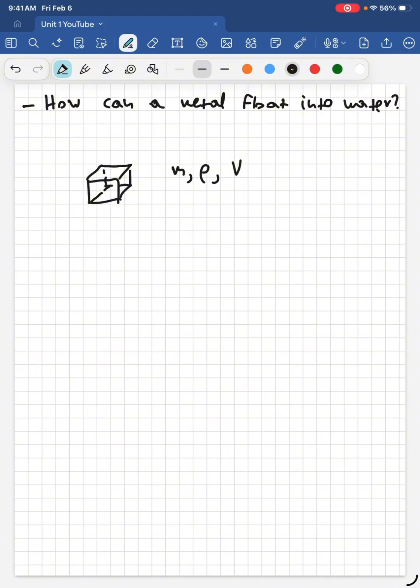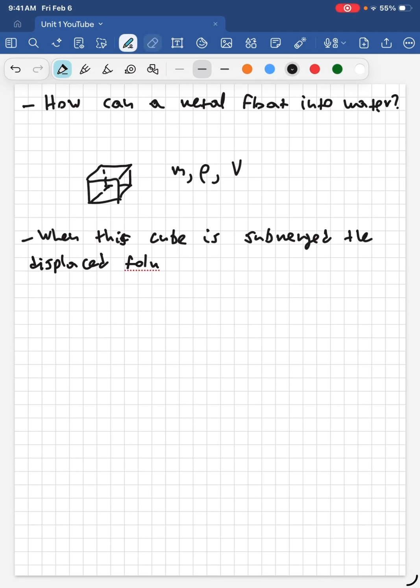But the volume is small, so when this cube is submerged, the displaced volume is small. Remember that upthrust, if we submerge it into water, is equal to the density of water times g times the displaced volume. And in this case, it's going to be smaller than m times g.